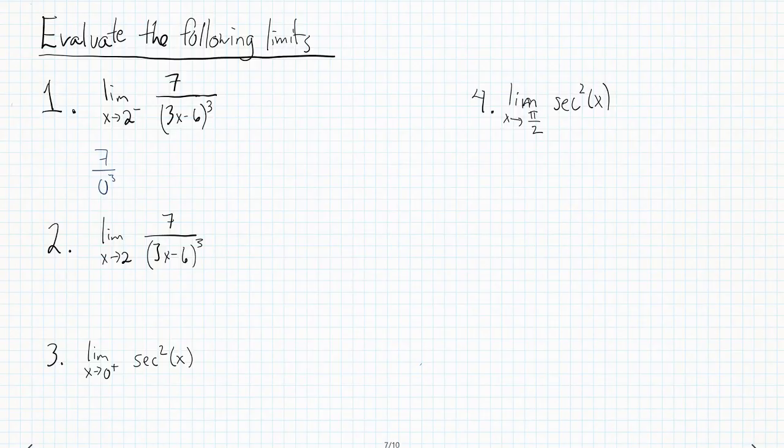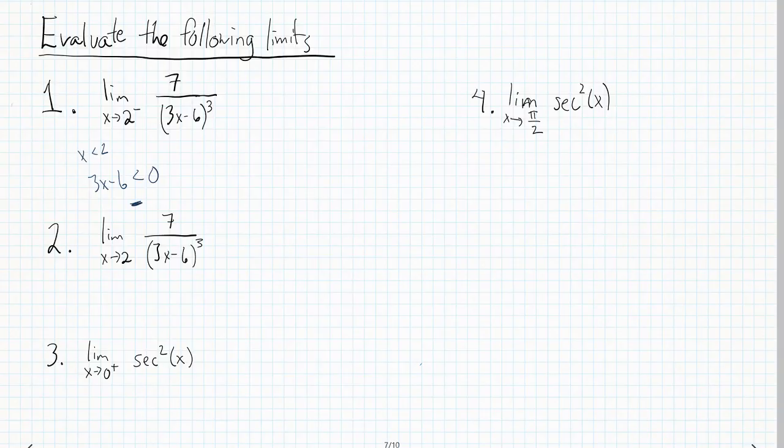Now what we need to figure out is, if we have 3x minus 6 going on, when we have a number x less than 2, what's going to happen? Is it going to be greater than 0 or less than 0? If you plug in a number like 1.9, 3 times 1.9 is slightly less than 6, so this is going to be less than 0.